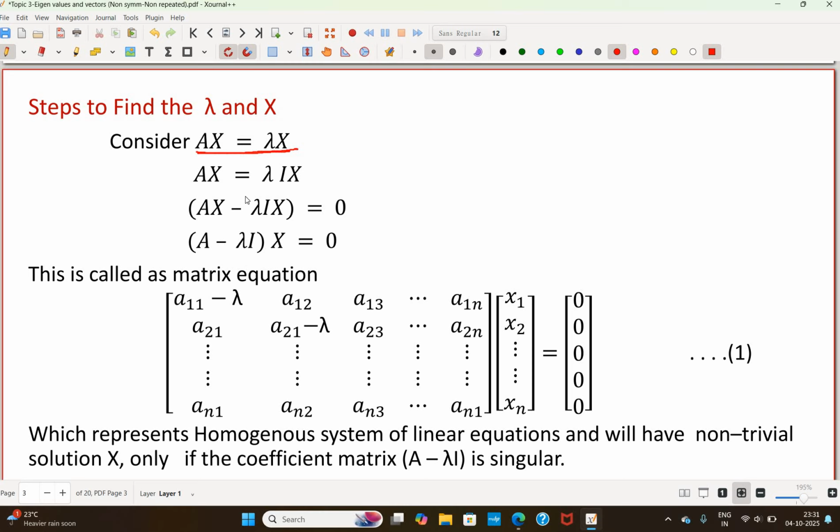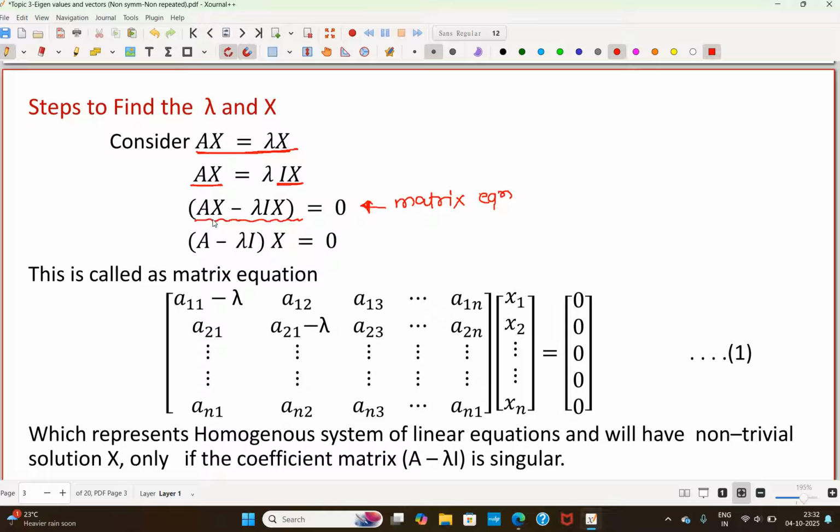So let us take this lambda x to the left hand side. So ax minus lambda times I into x is equal to 0. Now this is a matrix equation which is true to its operation. Correct? Why? Because the left hand side is a product of matrices, and the right hand side is the product of the identity matrix and this x, multiplied by a scalar.